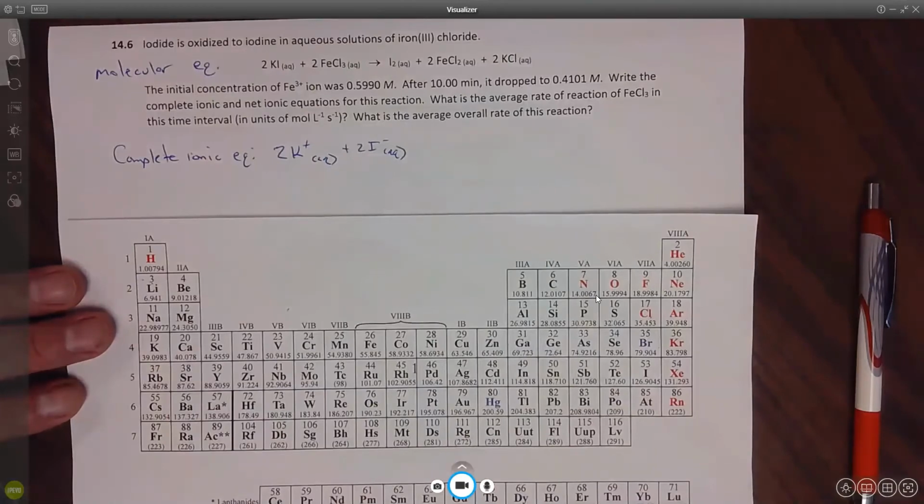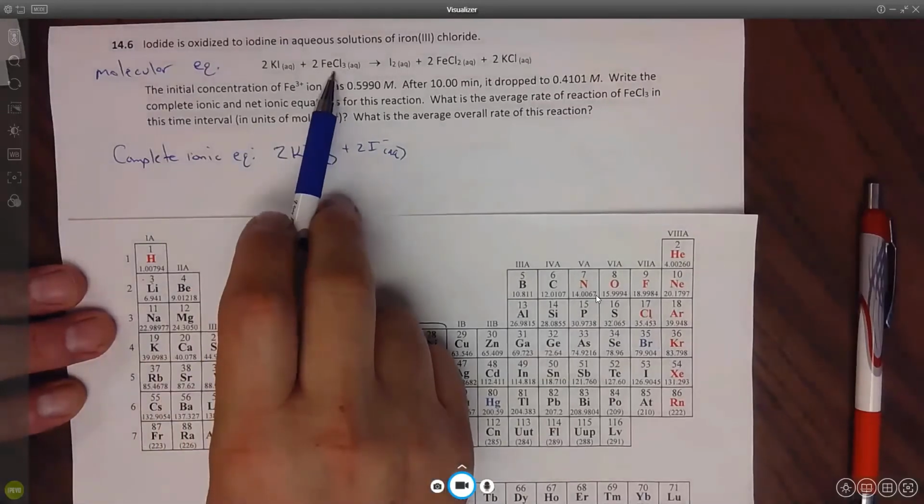What about the iron 3 chloride? Is that a strong electrolyte? Do we dissociate it? Again, why, Keenan? If you look at the solubility rules, most chlorides are soluble and the iron is not part of that exception. Exactly, right?